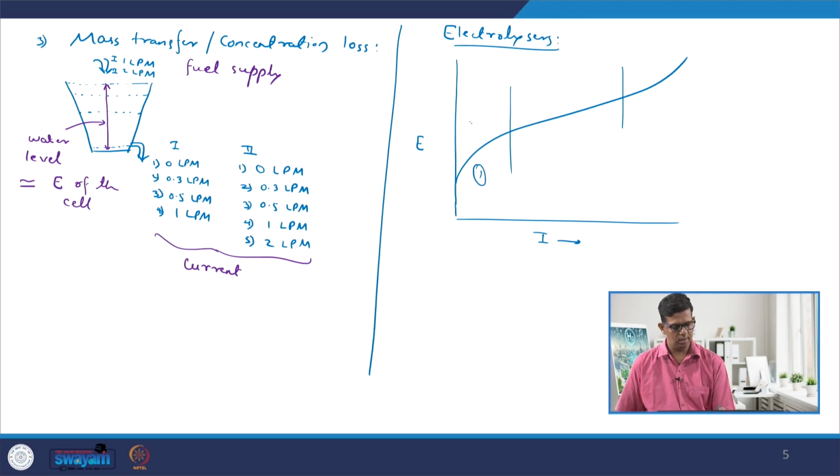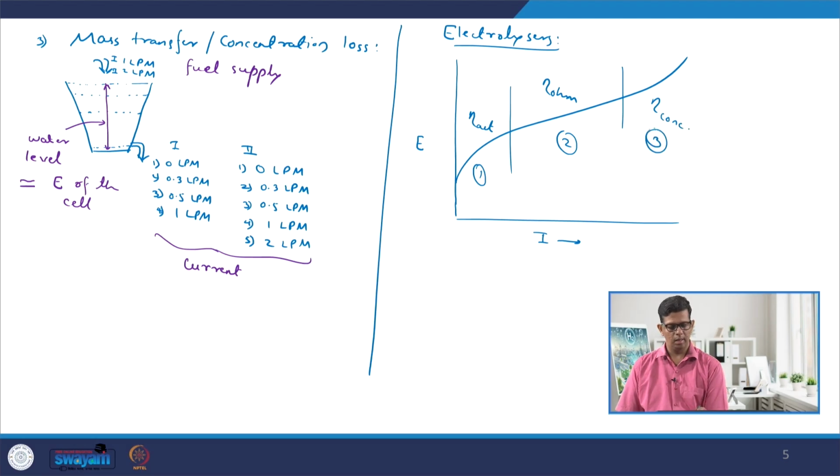Again, the activation loss dominates here. Then we have the second zone where the ohmic loss dominates, and then the third zone, where the concentration loss dominates.